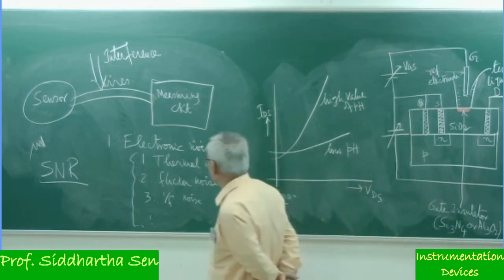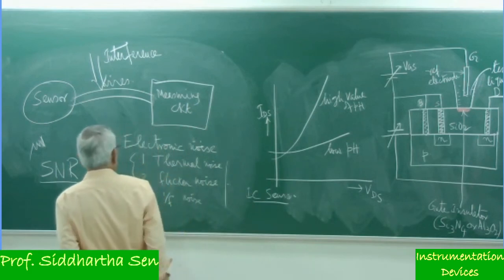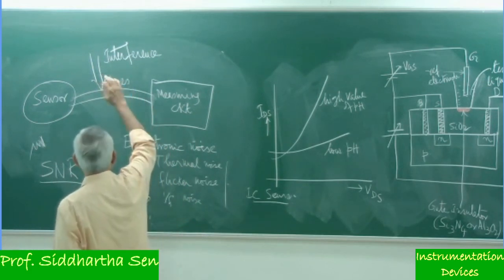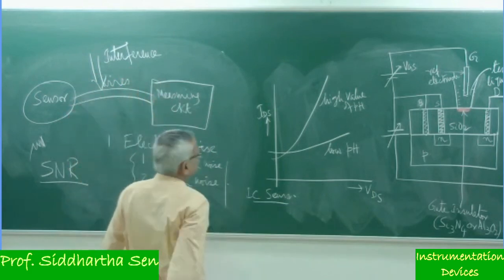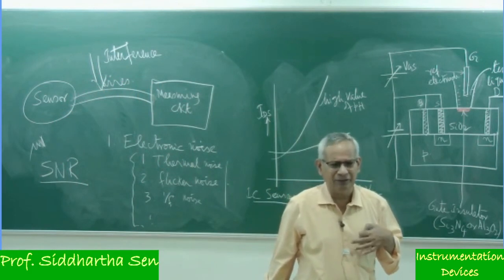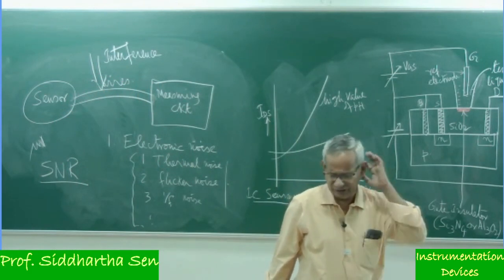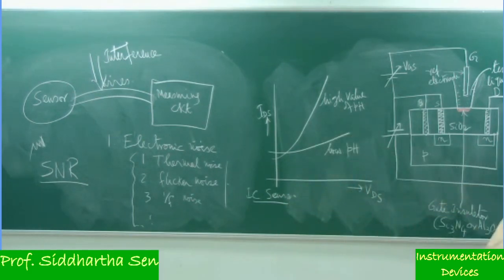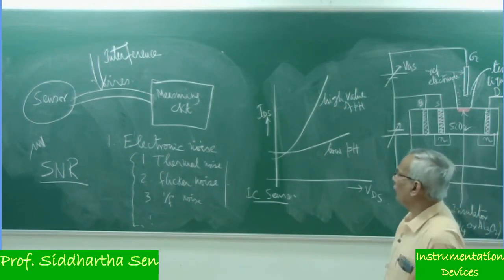One part is how much electronic noise there is and how it affects the measurement. The second thing is interference, because there could be other signals going by nearby, and they may also interfere. So in a nutshell, we have to look into noise and interference.